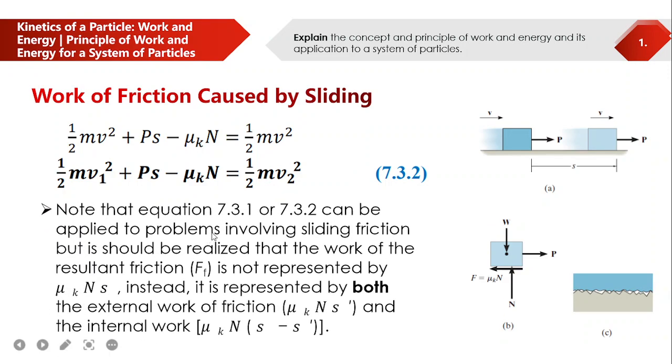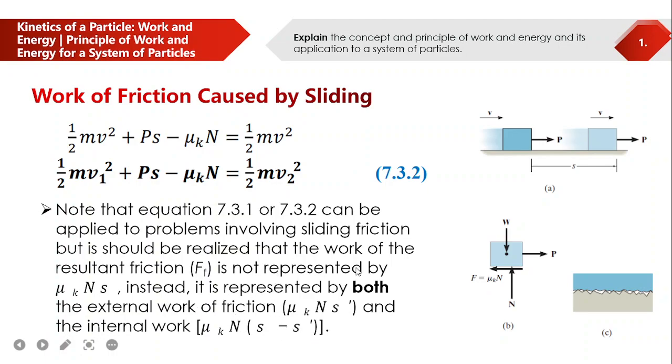Therefore, note that equation 7.3.1 or 7.3.2 can be applied to problems involving sliding friction, but it should be realized that the work of the resultant friction F sub F is not represented by mu sub K N and S. Instead, it is represented by both external work of friction, which is mu sub K N times S prime, and internal work of mu K N times S minus S prime.